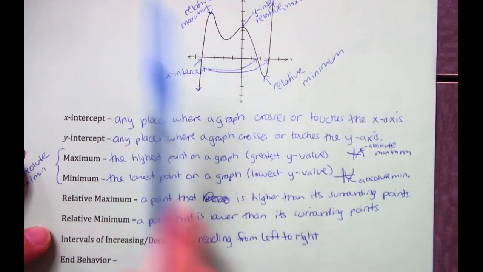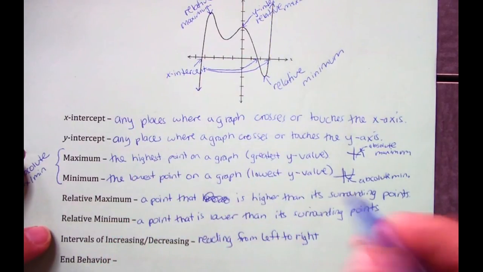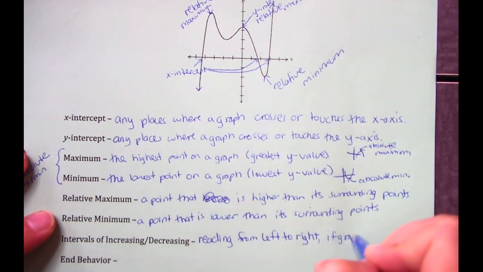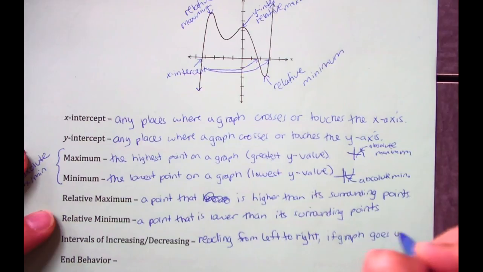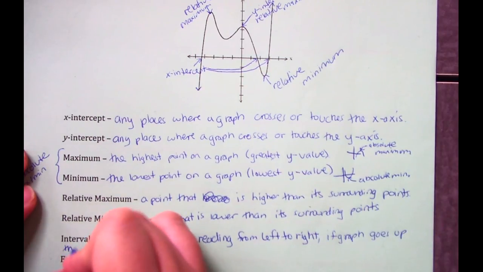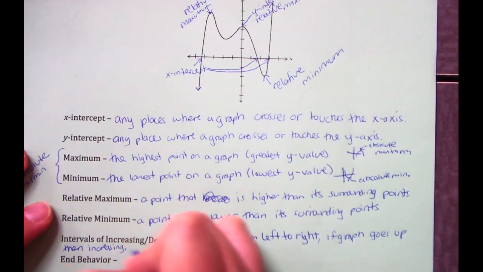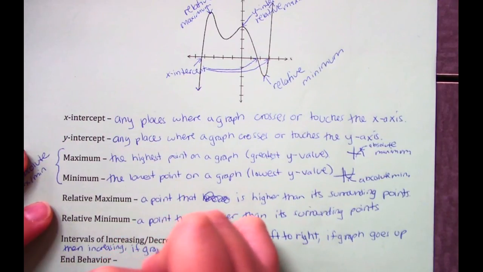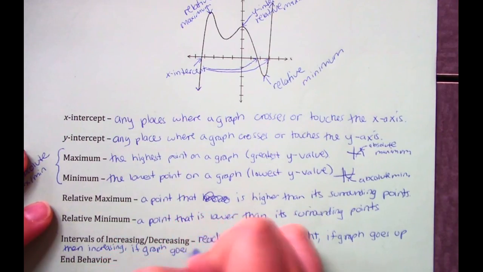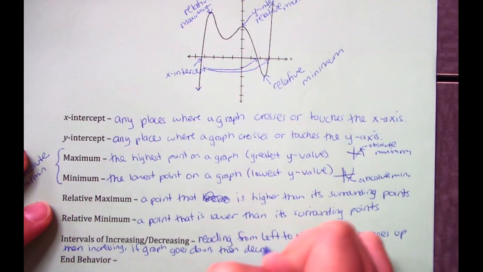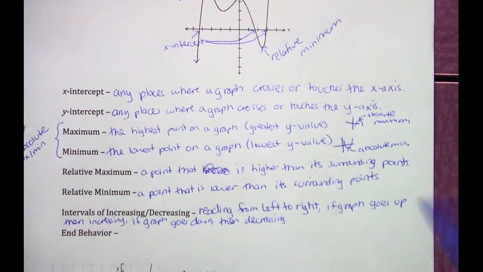So looking at the graph going from left to right, if the graph goes up, then increasing, if the graph goes down, then decreasing. And this is often written as a domain.